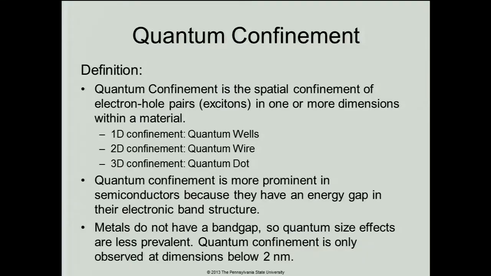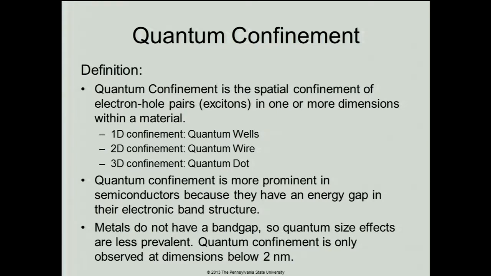A quantum well is one dimensional, it is only one dimensional. A room will not be a correct way to describe it, because a room is two dimensional. If you do two dimensional confinement, it becomes a quantum wire, and if you make it three dimensional, where it could otherwise go in all three directions, that is what we call a quantum dot. So that is where the confinement is.